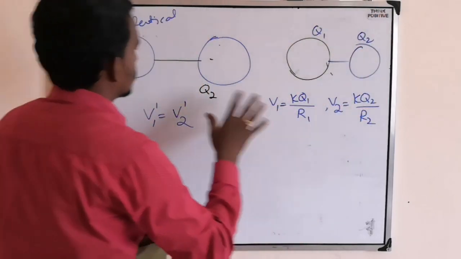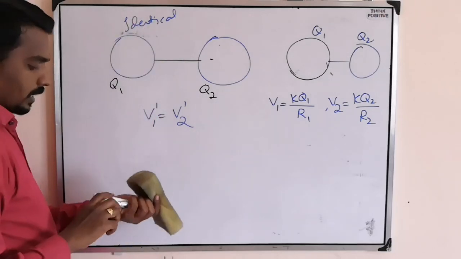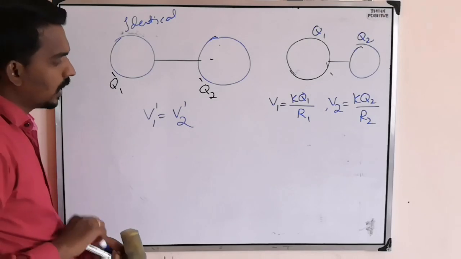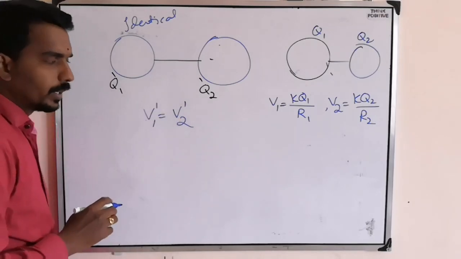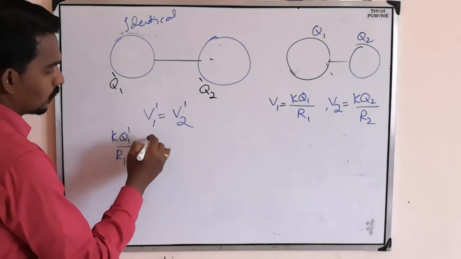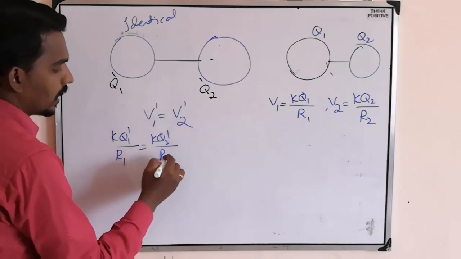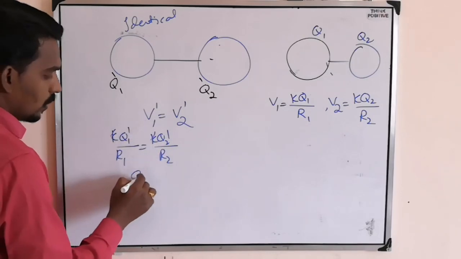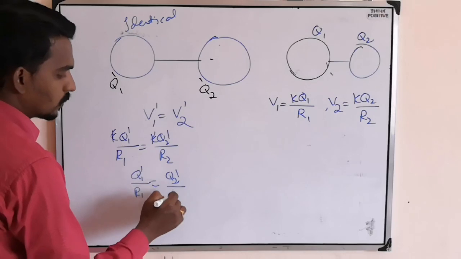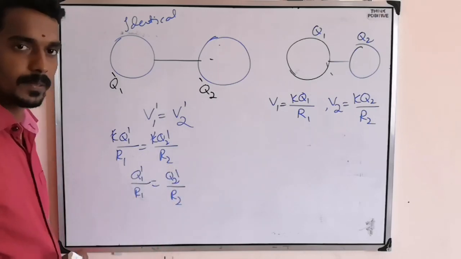Let's take this is q1 q2, and after connecting they become q1 dash q2 dash, such that V1 dash equal to V2 dash. Then kq1 dash by R1 equal to kq2 dash by R2. So q1 dash by R1 equal to q2 dash by R2.